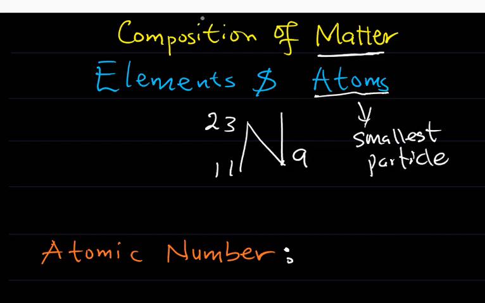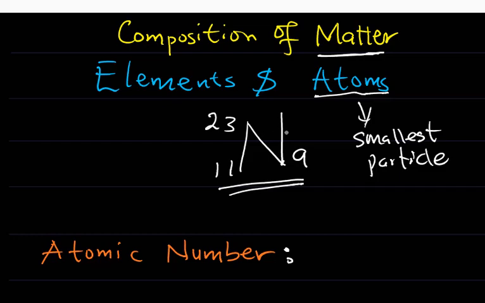So anytime we want to represent the atoms of an element, we use the symbol for the atom of that element. For example, this is the symbol for sodium atom.